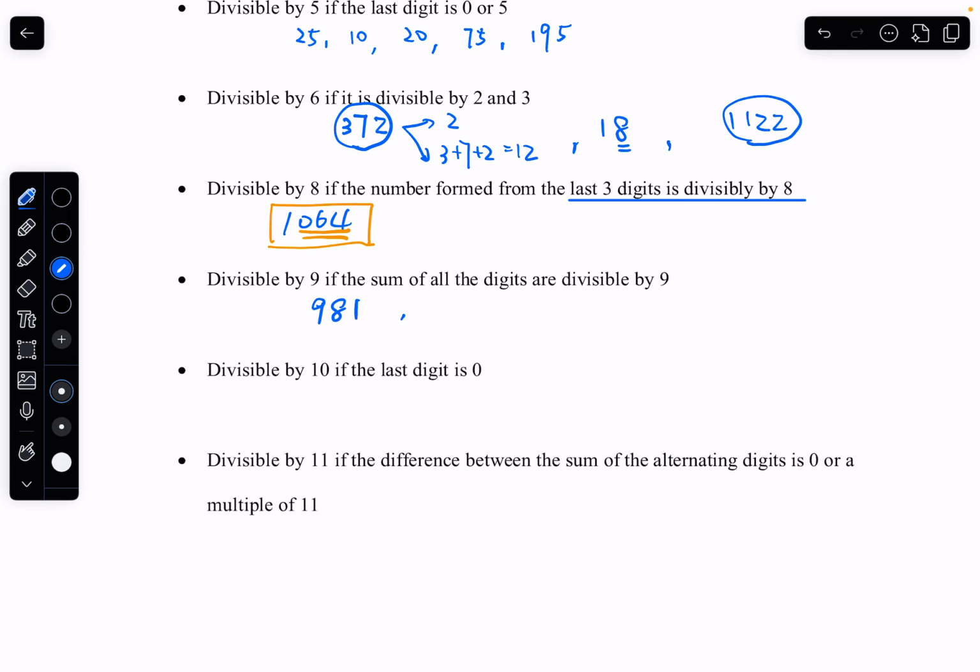One more example, 927: 9 plus 2 plus 7 is 18. 108: 1 plus 0 plus 8 is 9. So 108 can be divisible by 9.